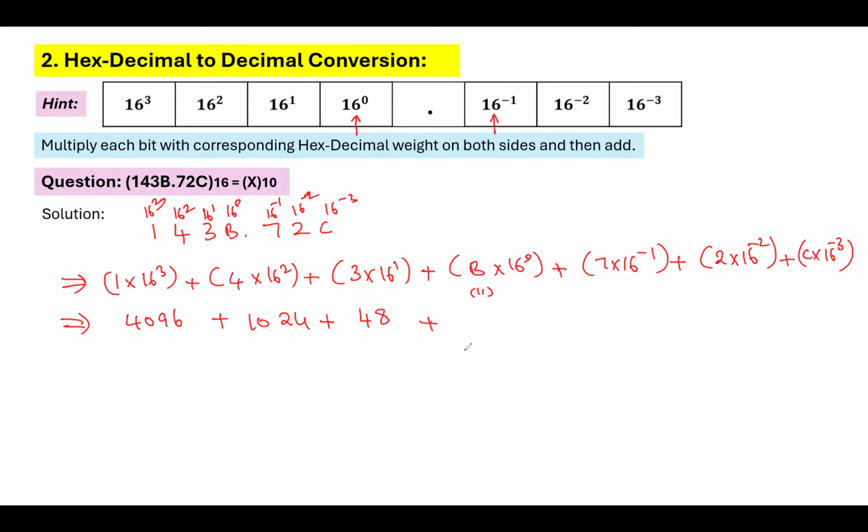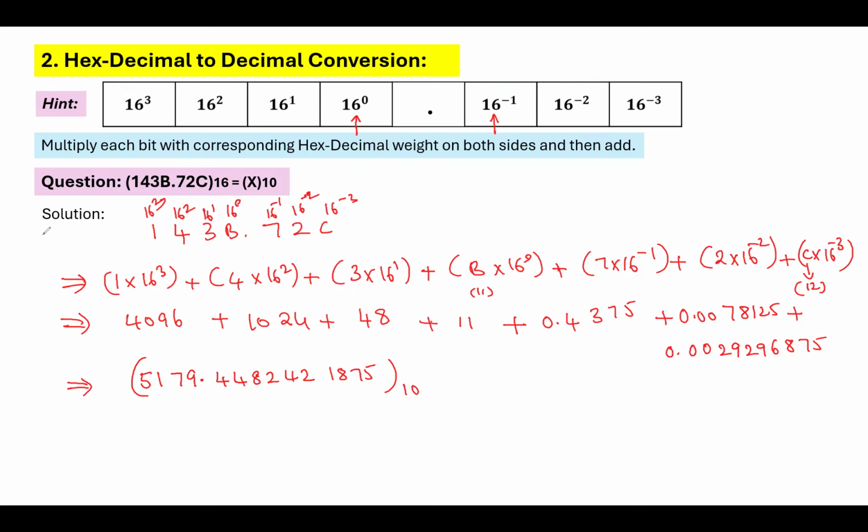B means 11, so its value is 11, plus 7 into 16 power minus 1, meaning 7 by 16, its equivalent value is 0.4375, plus 2 into 16 power minus 2, meaning 2 by 16 square, that is 0.0078125, plus C, C means 12, 12 into 16 power minus 3, therefore 12 by 16 power 3, this is 0.0029296875. The equivalent sum is 5179.4453125. This is our required answer.